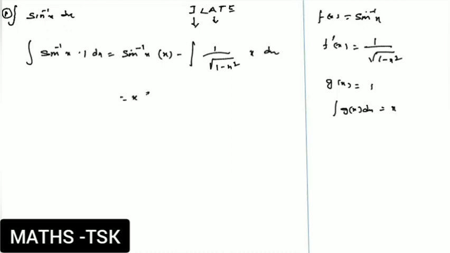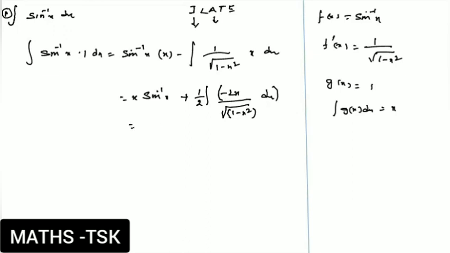This can be written as x into sine inverse of x. Within the plus, integration of, multiply and divide with 2, minus 2x by root of 1 minus x square into dx. Here minus is sent inside, minus x multiplied and divided with 2. So if you consider this as f of x, its derivative is here.